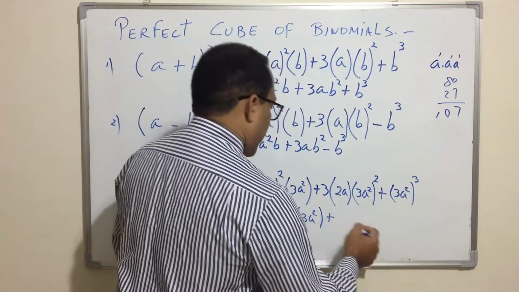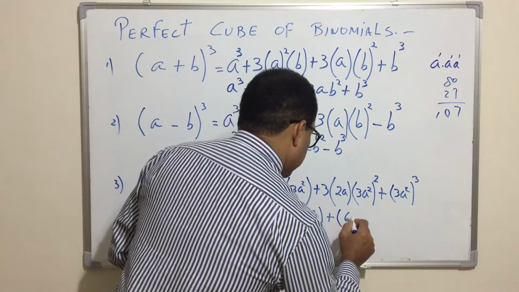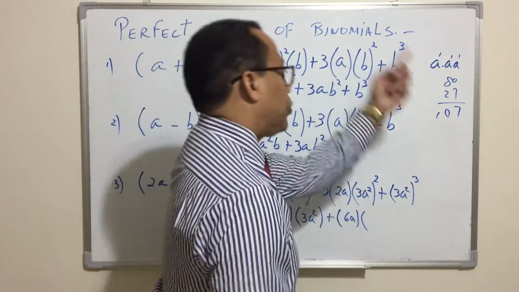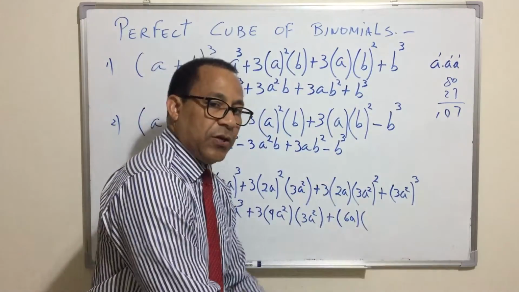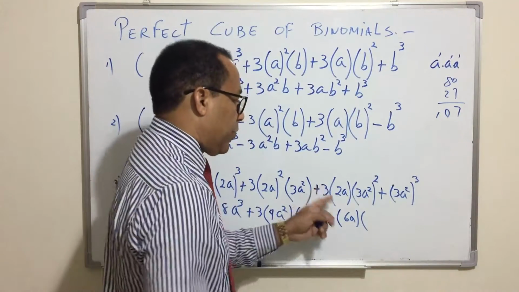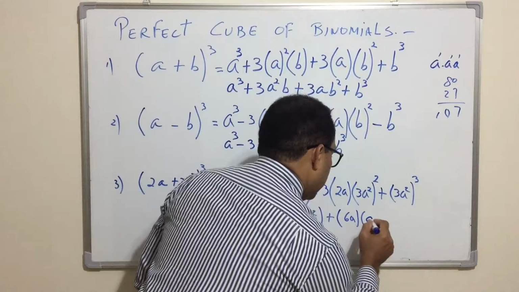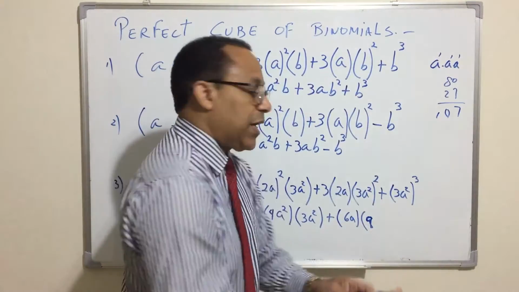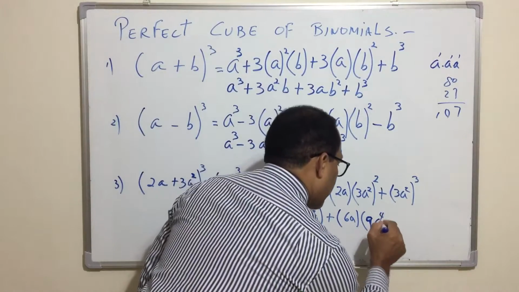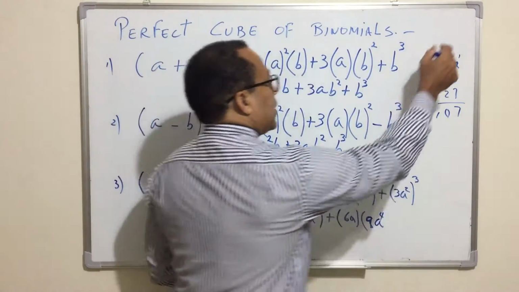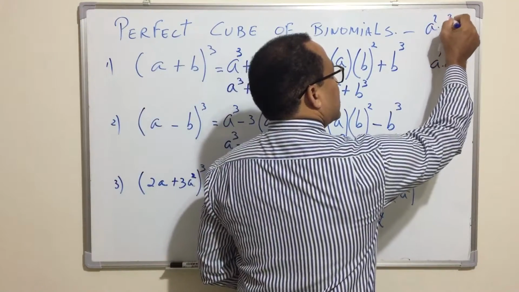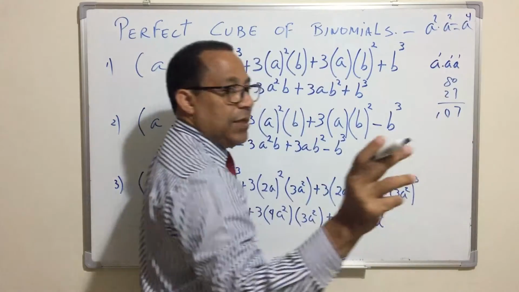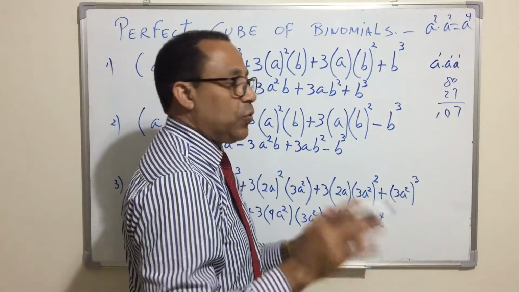I can multiply right away, which is 6a multiplied times 3a to the second, which is 3a to the second times 3a to the second. 3 times 3 is 9. And a to the second times a to the second is a to the fourth, because we add 2 plus 2 is 4. We add it. We do not multiply the powers, we add them.